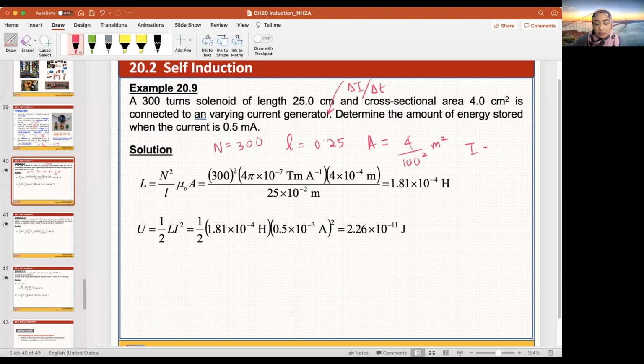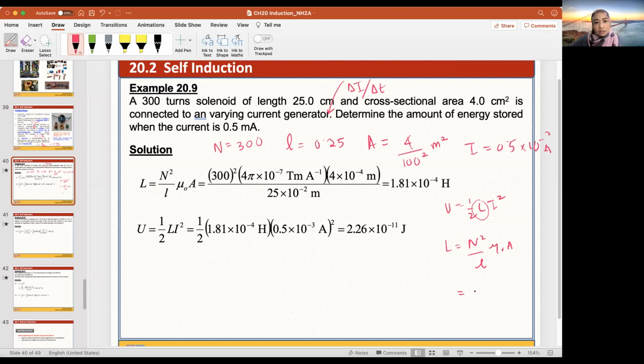So I is 0.5 times 10 to the minus 3 ampere. So U equals 1/2 L I squared. Ni easy je. You just have to know the equations and then find out what it is. We don't have L here, we have I. So L is n squared over l, mu naught A. N kita ada.